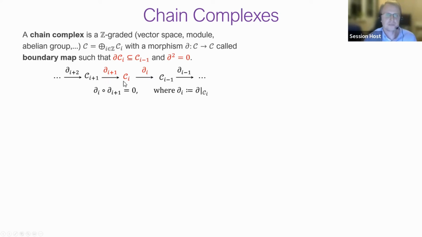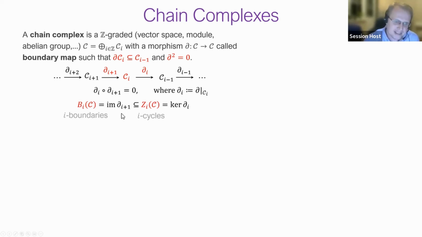This property implies that you can define the boundary, which is the image of this map, and you can also define so-called cycles, which are the kernel of this map. Since you have this property, the image is a subset of the kernel. This is very similar to the CSS construction.